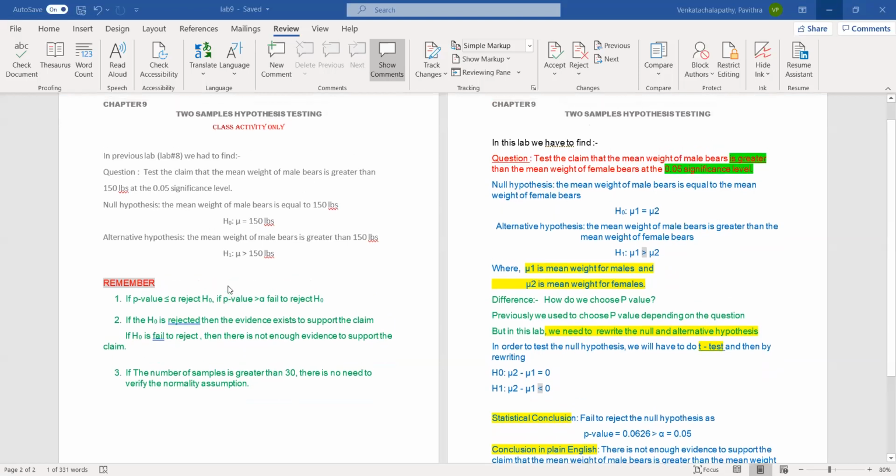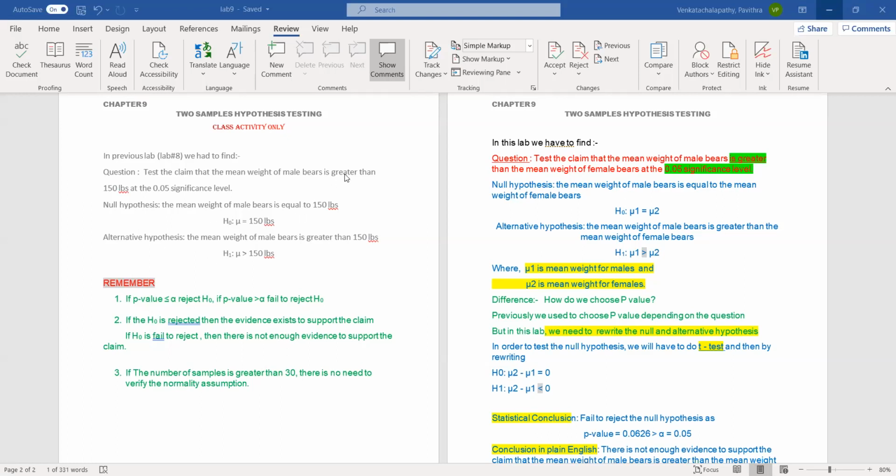So how are you supposed to find your p-value? You used to get three values, which say p less than, greater than, and then p less than absolute value of t. So you used to get those kinds of p-values in your lab manual 8. So you were supposed to find your p-value depending on the question.